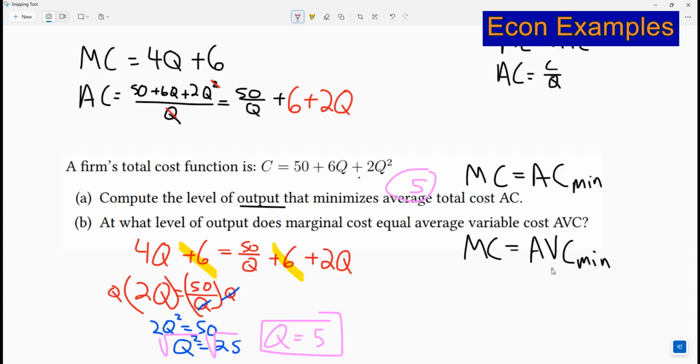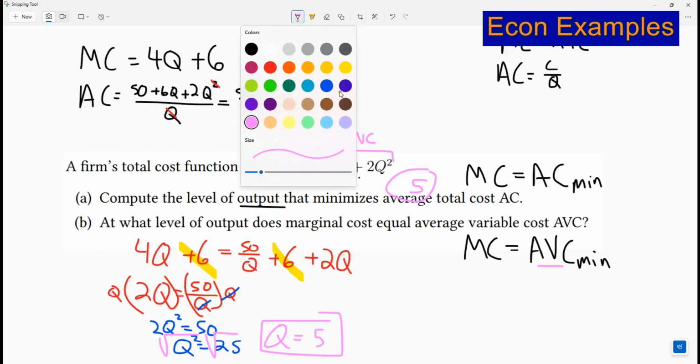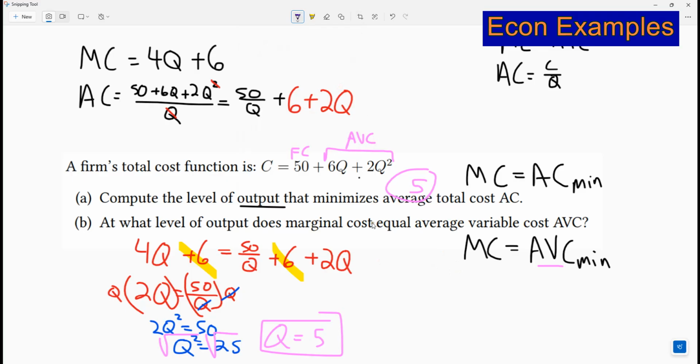Average variable cost is the same process. We just have to figure out, in the cost function, what our average variable cost is. If you break it up, this part here is the fixed cost, and this is the part that changes based on how many quantities you're producing. So this is the variable cost. I'm sorry, that's not the average variable cost, that's just the variable cost.